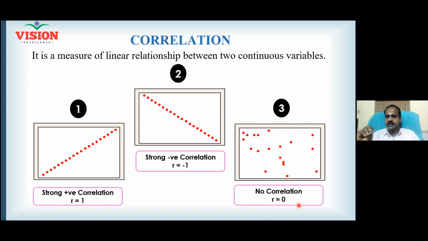It means no linear relationship. No correlation means no linearity. But there could be some other form of relationship. Linearity may be absent, but curvilinearity may be present. You need to be very careful while using the words, right? So this diagram, no relationship.